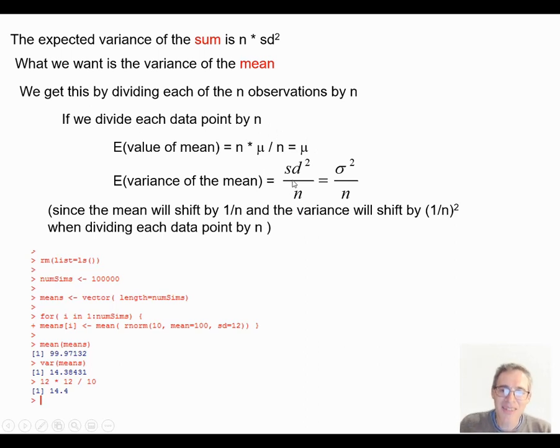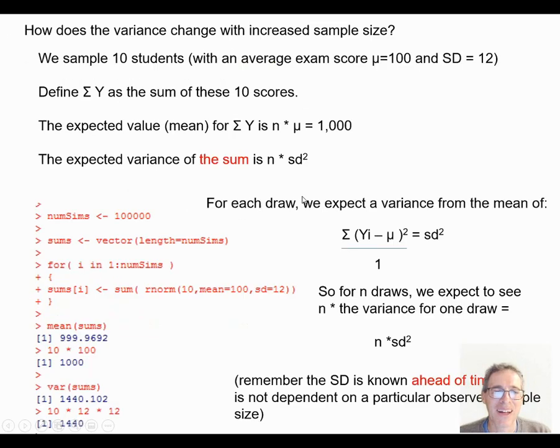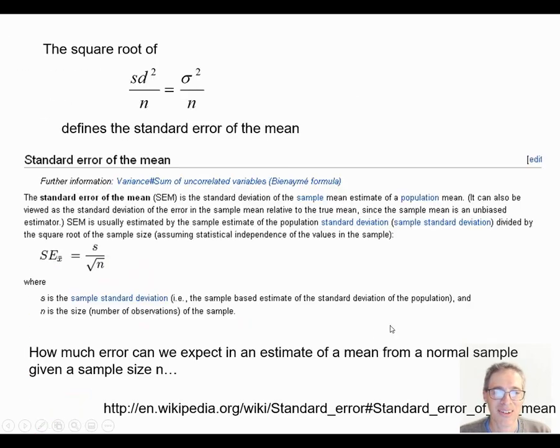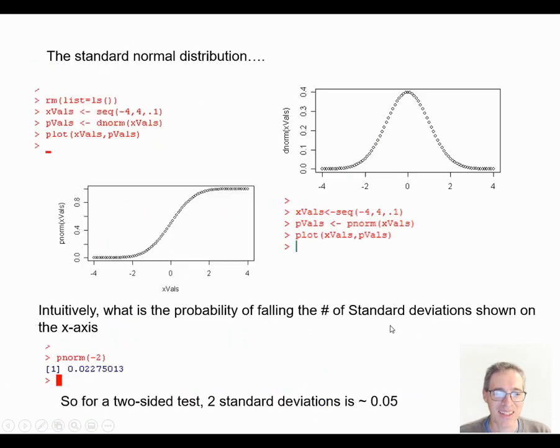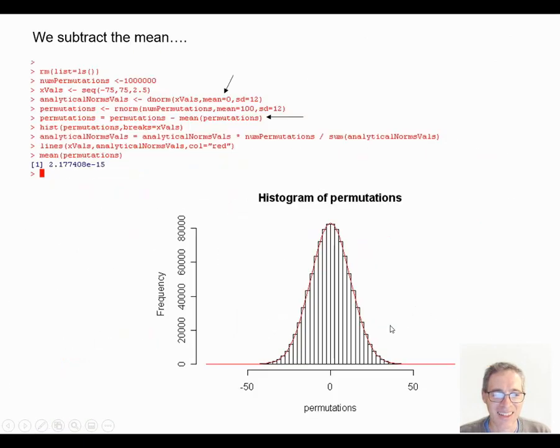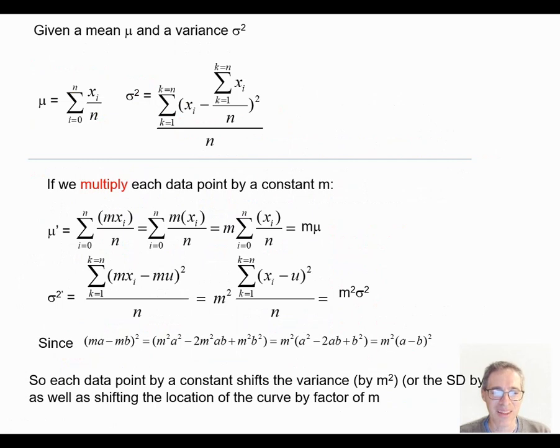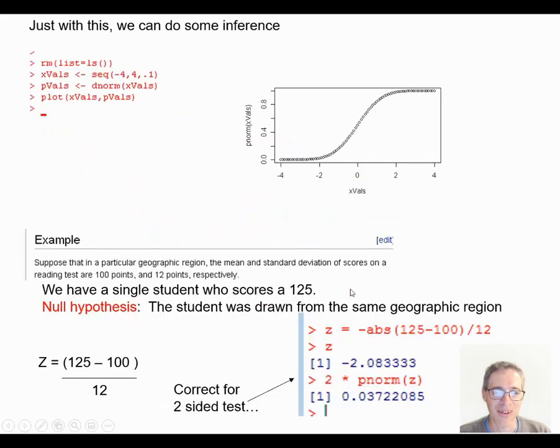And the variance of the mean becomes SD squared over n, right? Because this was n times SD squared, but I'm dividing by n, right? And when you divide this by n, the variance changes by n squared. So this is the rule that we had here, right? That when you make this division, the variance is going to change by n squared.